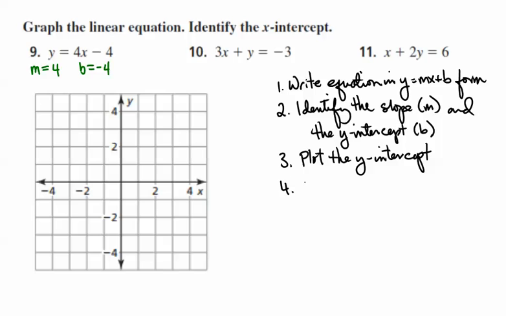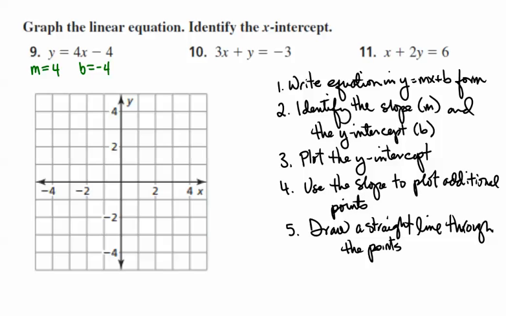Fourth, we're going to use the slope to plot additional points. And fifth, finally, we're going to draw a straight line through those points.